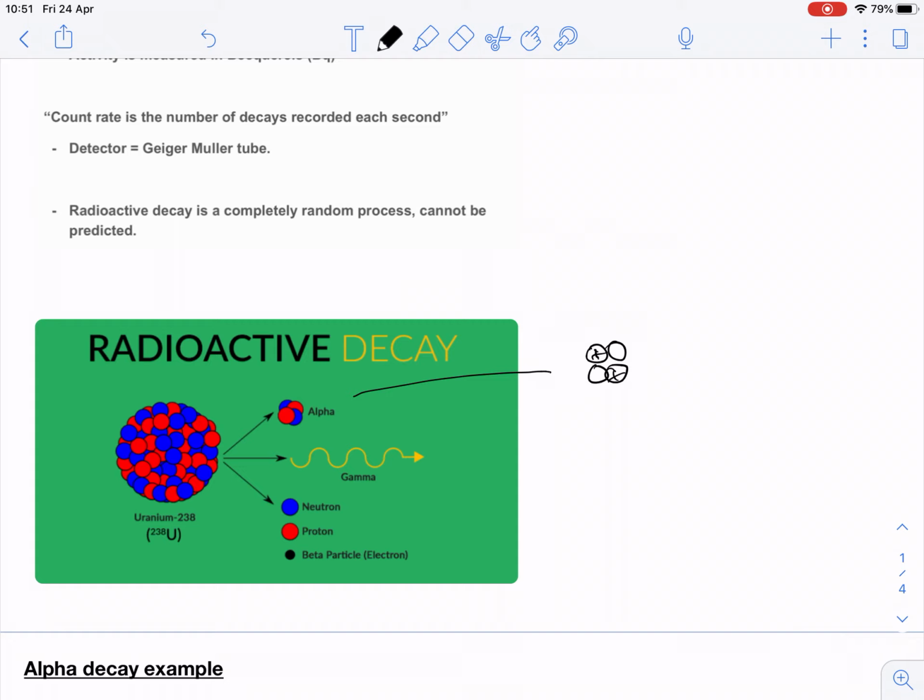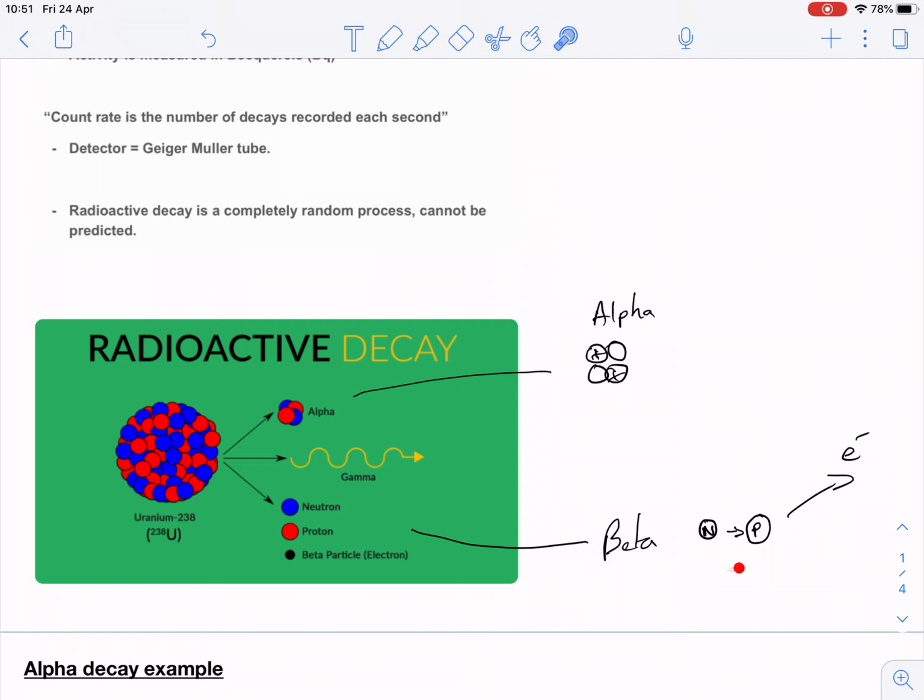You also have beta decay. What happens with beta decay is that within the nucleus a neutron changes into a proton, and when it does that, it also emits a high energy electron.